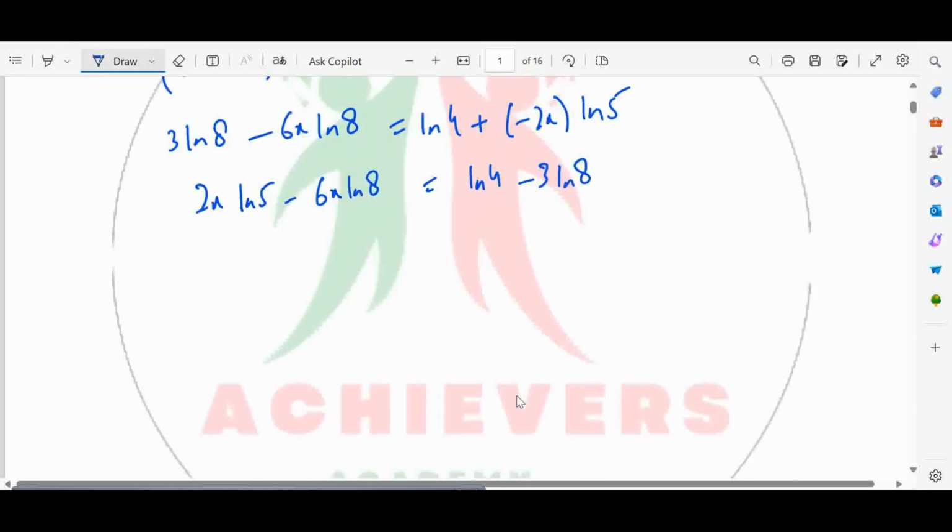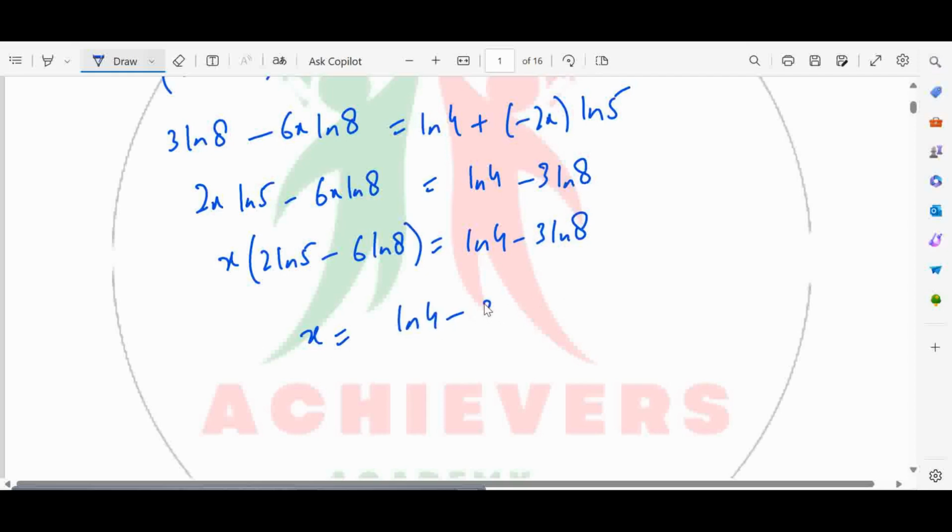Now if we take x as common, this will be x times 2 log of 5 minus 6 log of 8 is equal to log of 4 minus 3 log of 8. Now x is equal to log of 4 minus 3 log of 8 whole divided by 2 log of 5 minus 6 log of 8.